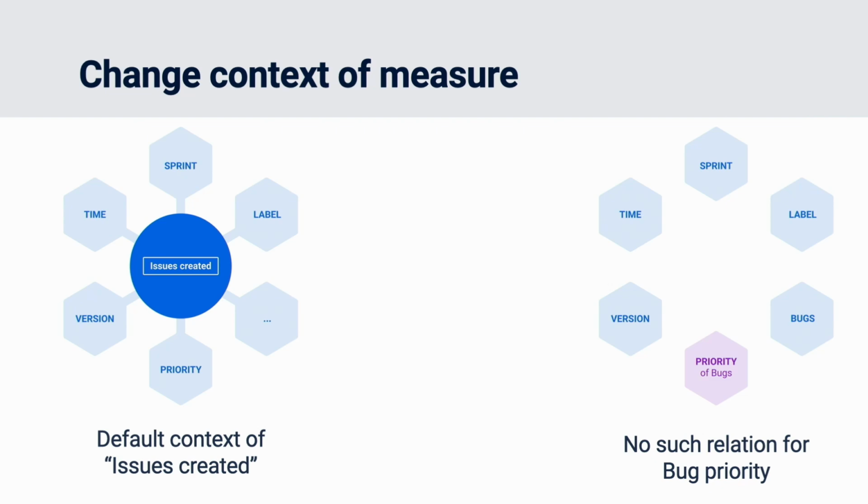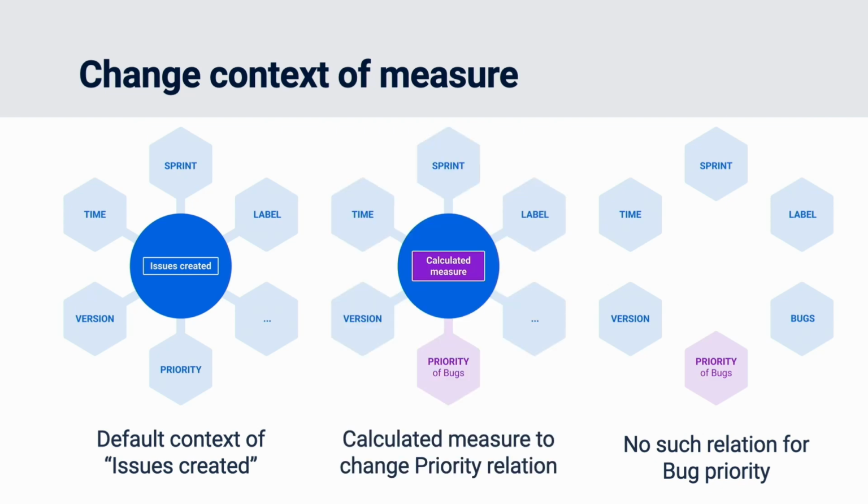But the problem is we don't have such a dimension in eazyBI. Nevertheless, we don't have such a measure. So my solution would be to create a calculated measure and make the priority imitate the priority of the bug instead of the priority of the issue. And yes, I can do it with a calculated measure.